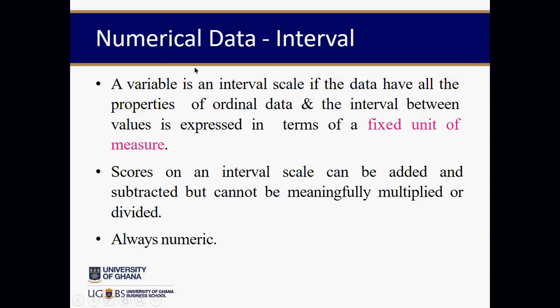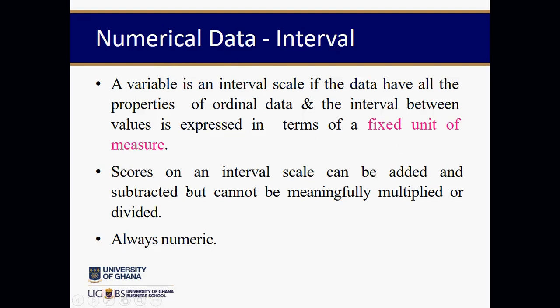So now let's come and talk about numerical data. A variable is an interval scale if the data have all the properties of ordinal data and the interval between values is expressed in terms of a fixed unit of measure.